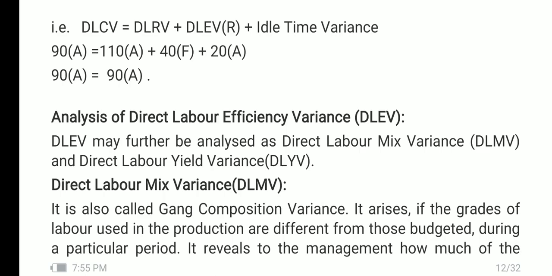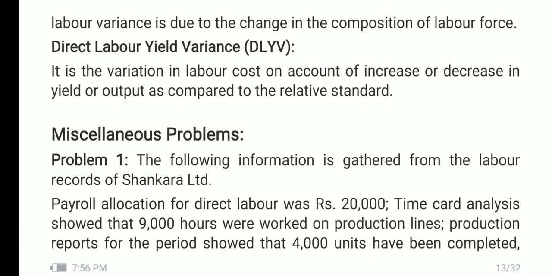This variance arises if the grades of labor used in the production are different from those budgeted during a particular period. It reveals to the management how much of the labor variance is due to the change in the composition of labor force.